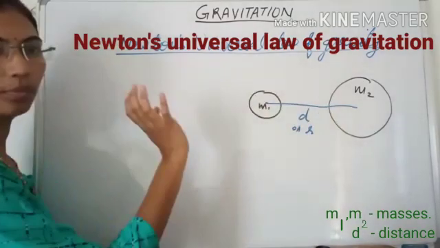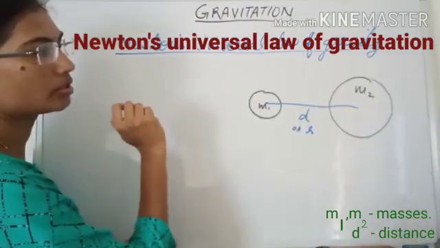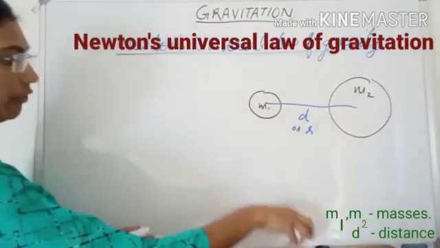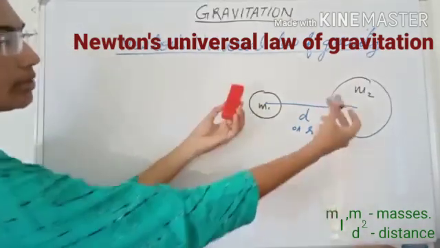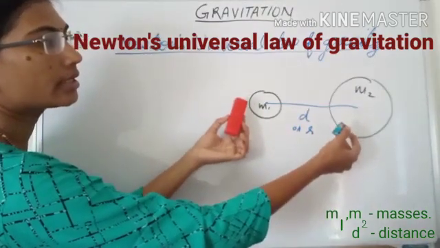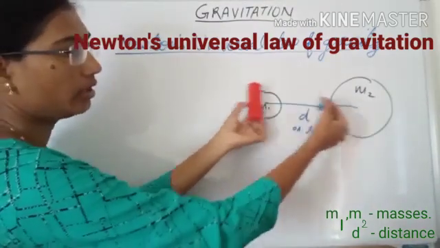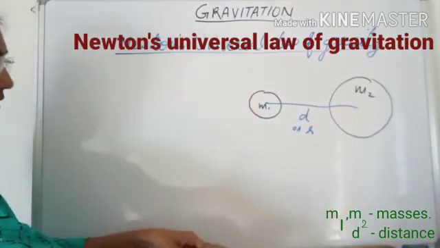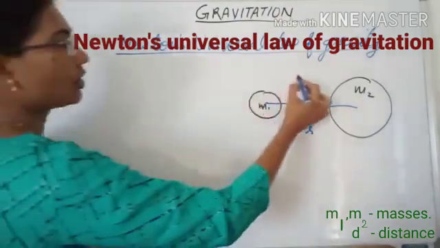Now these are the two objects. What Newton's universal law says is that whenever there are two objects with masses m1 and m2, there exists a force F between them.